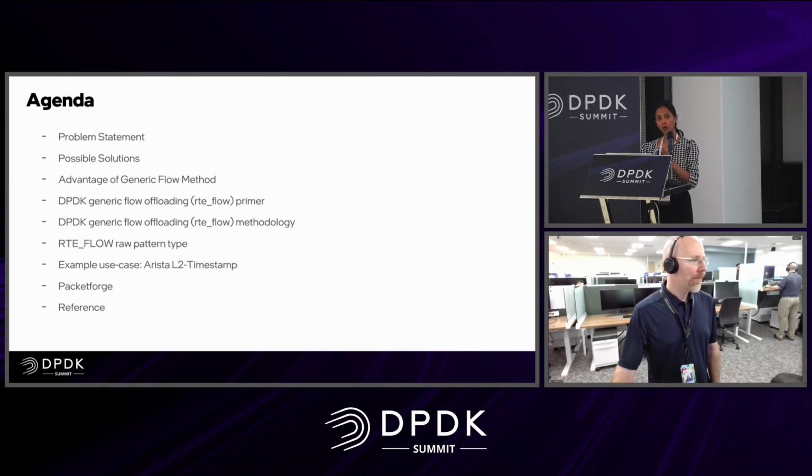On top of that, we have one more approach, the raw pattern, which we can configure on top of RTE flows, and we will talk about it in detail. We will also go through the Arista L2 timestamp as a use case to explain how someone can configure this whole raw pattern.